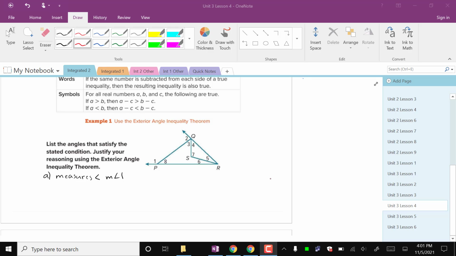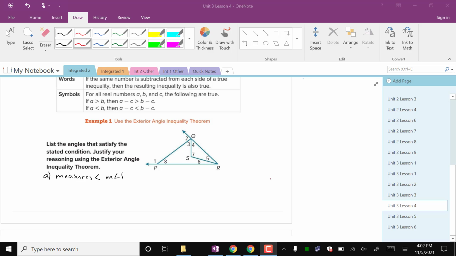Remote interior means that it's opposite the exterior angle. So angle 1 is our exterior angle of our triangle, with PQR and PRQ being our remote interior angles.